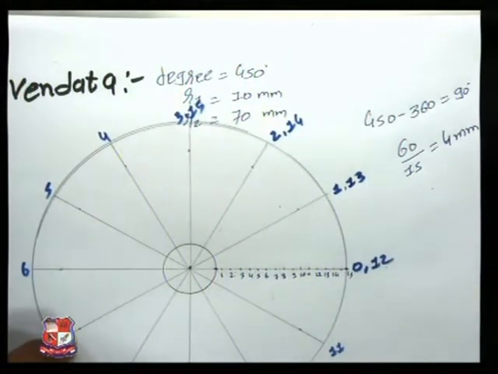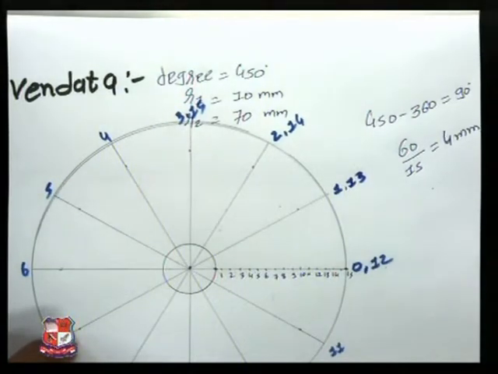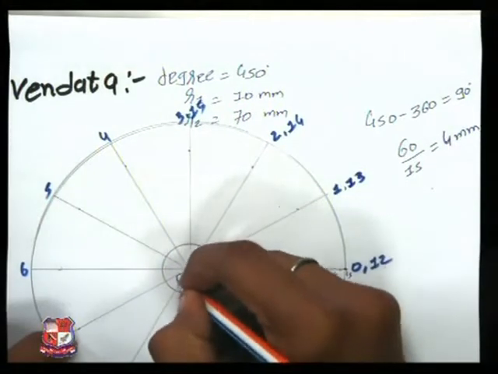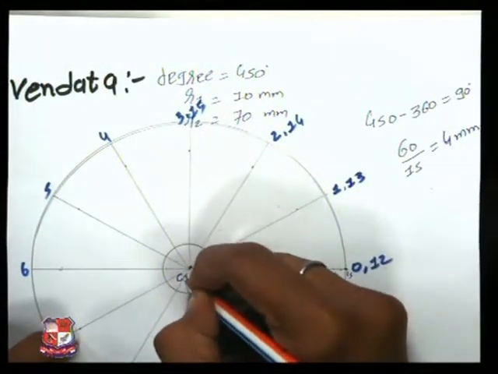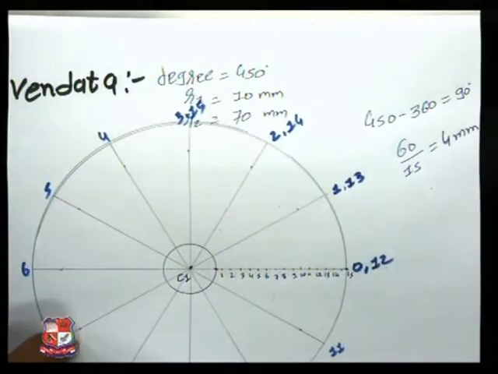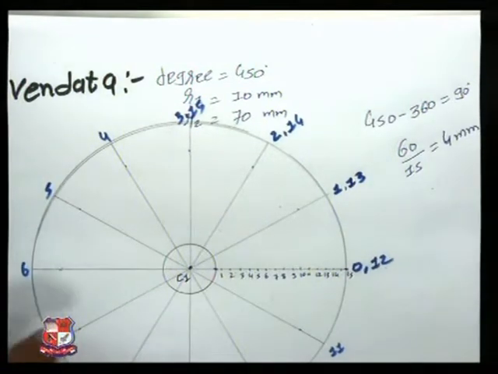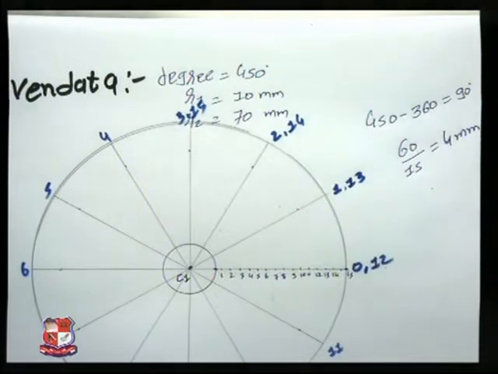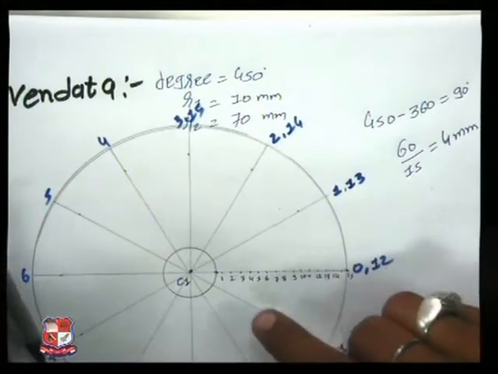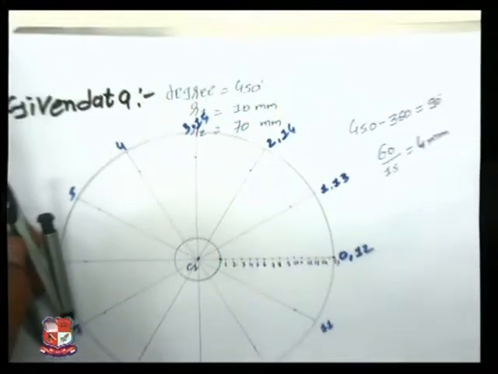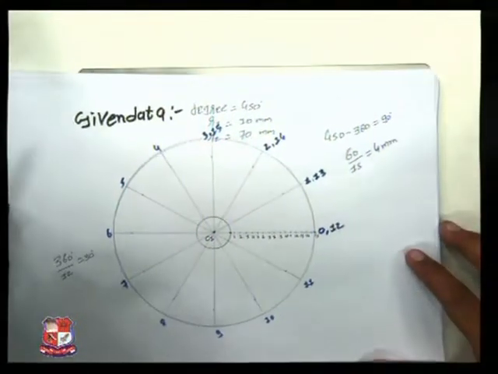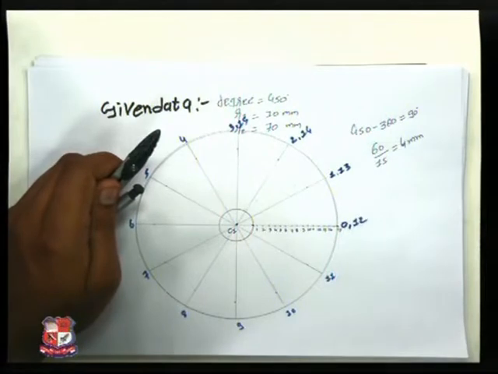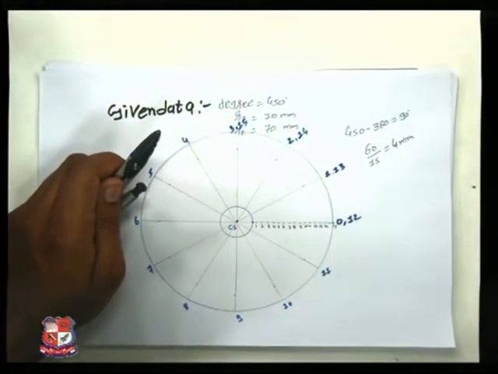I have given the nomenclature to the same. Let's say this is our center point C1. Now drawing an Archimedean spiral is very easy if you pass through these steps. If you have followed these steps, then you can draw the Archimedean spiral very easily.